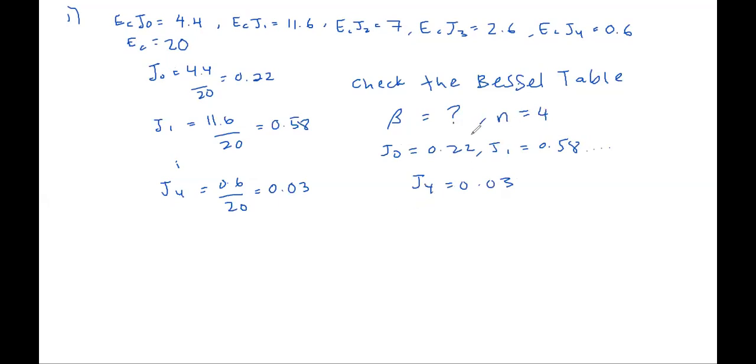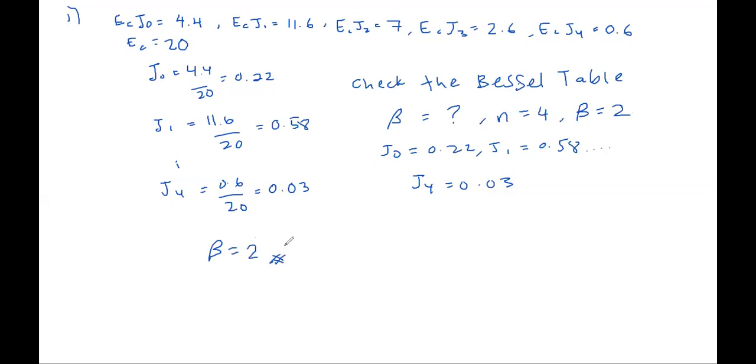If you remember from our previous examples in last week's class, these characteristics of n and J naught and all the amplitudes belong to beta equal to 2. So from the Bessel table, you'll get beta equal to 2. This is our modulation index, beta equal to 2.